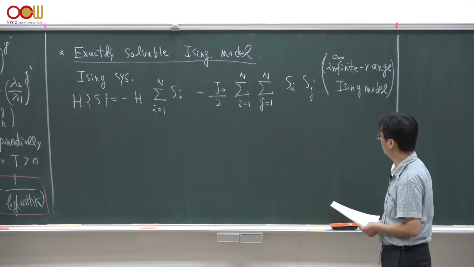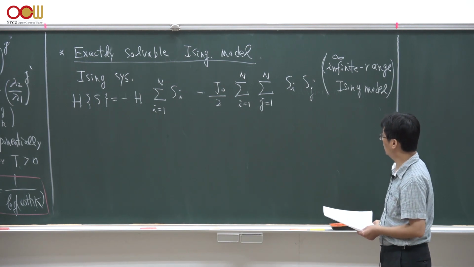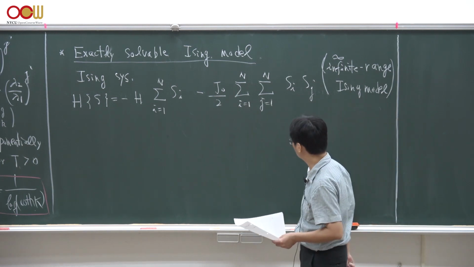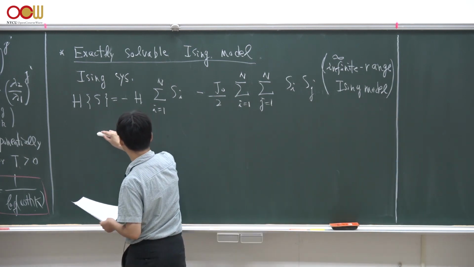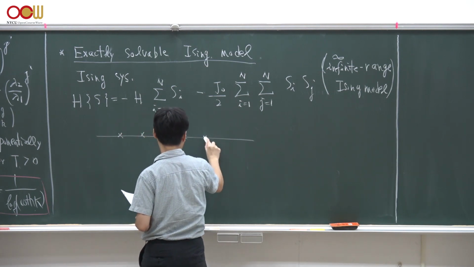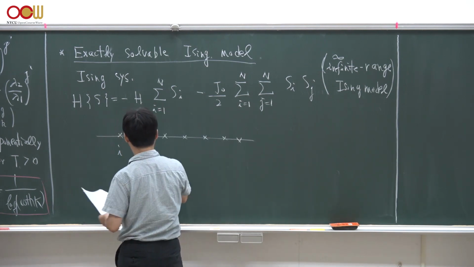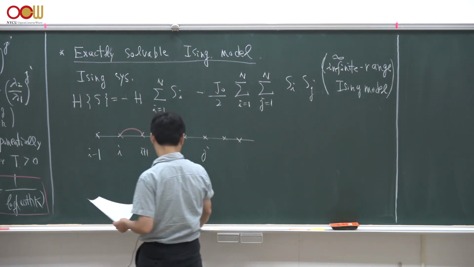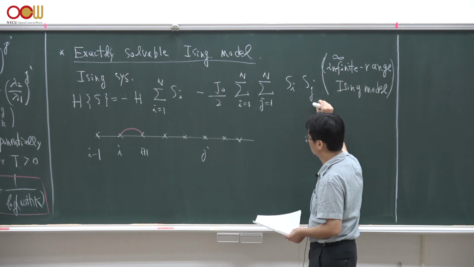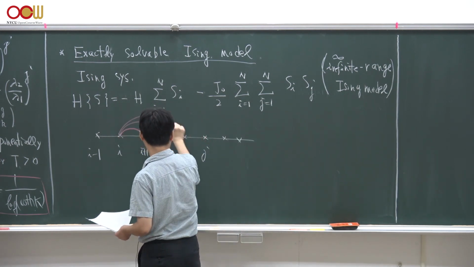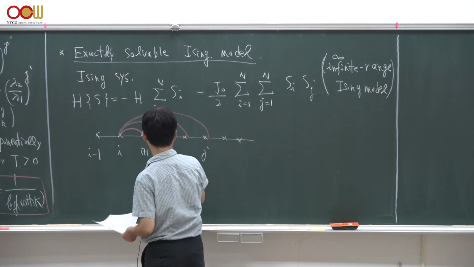You can see that the Ising coupling, Si Sj, is independently summed over all the sites i and j. This tells us that the interaction is infinitely long range, which means that for any given site i, there's a nearest neighbor interaction, a second neighbor interaction, a third neighbor interaction, and a fourth neighbor interaction.